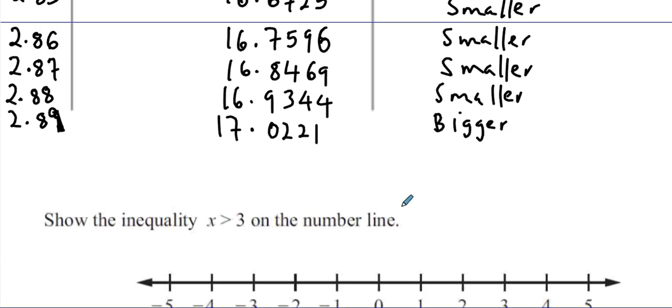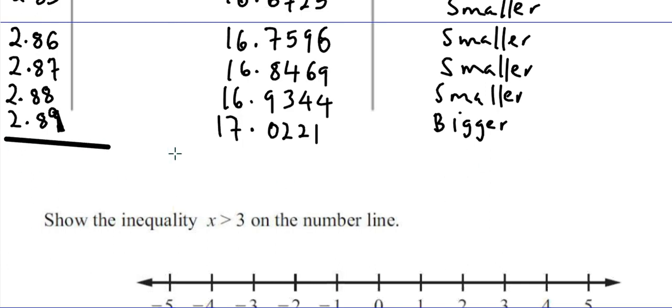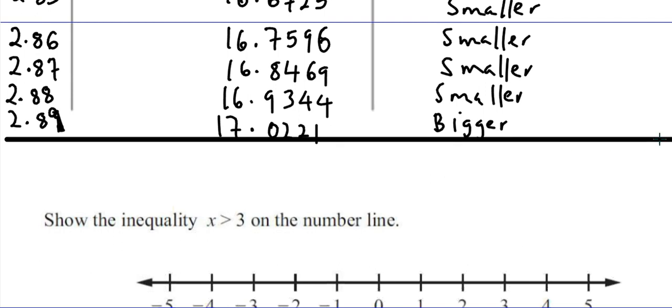Now this suggests that you have to close the boundary, close this table here, right? And this suggests that the value of x will be between 2.88 and 2.89 to 2 decimal places.